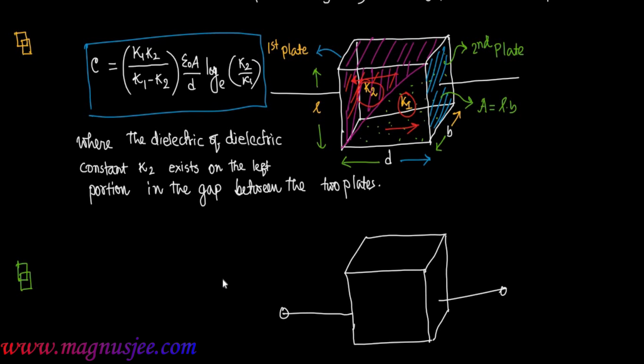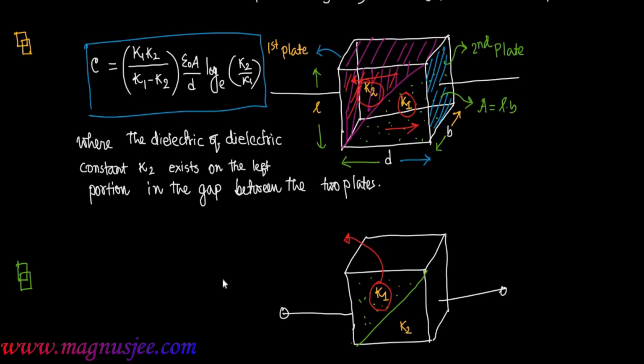Now, in another case the dielectric medium of dielectric constant K1 is placed in the left portion, and another dielectric medium of dielectric constant K2 is placed in the right portion.